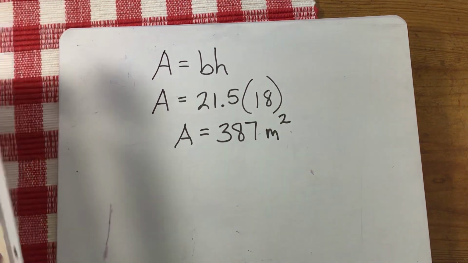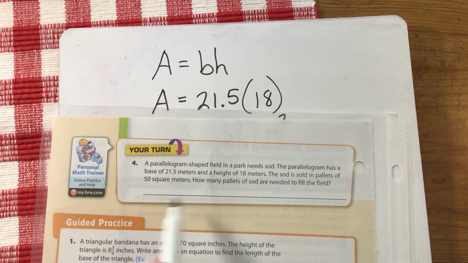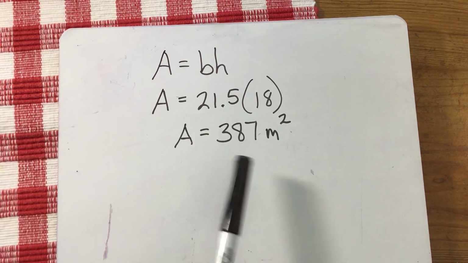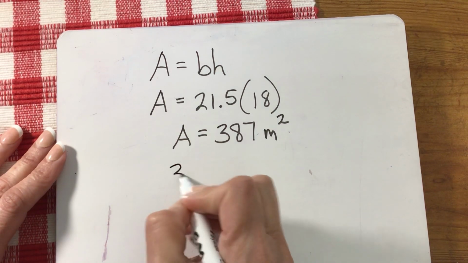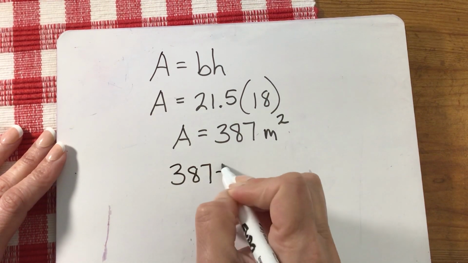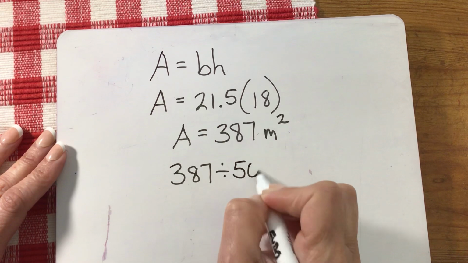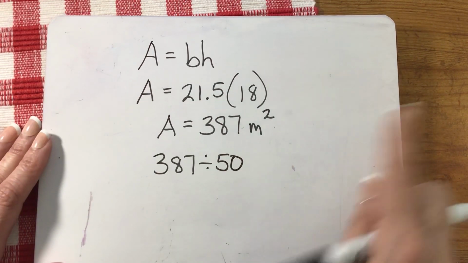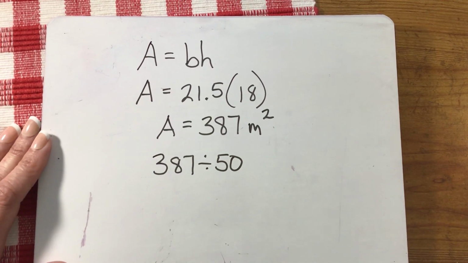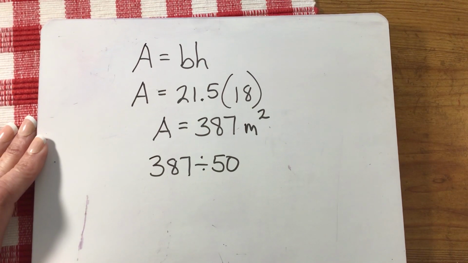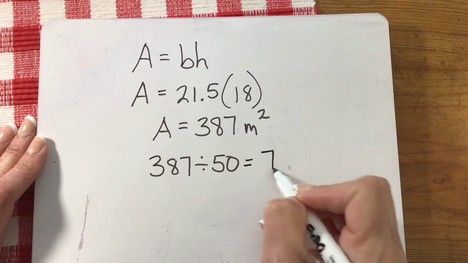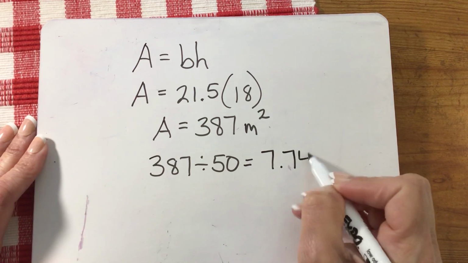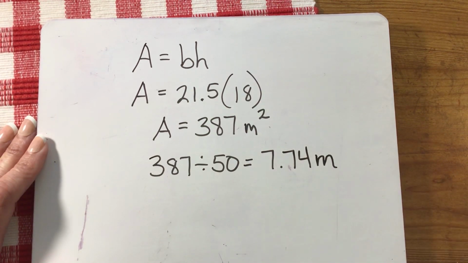Now the sod comes in pallets of 50. I need to figure out how many 50s can squeeze into this guy here. So if I take 387 divided by 50, and again, if you want to do this, pause the video and go off to the side and figure it out, or you can use the calculator. Okay, you should get 7.74.